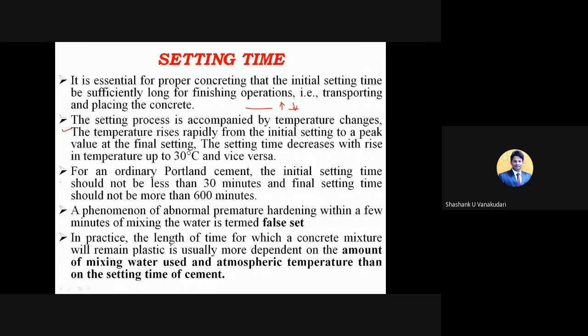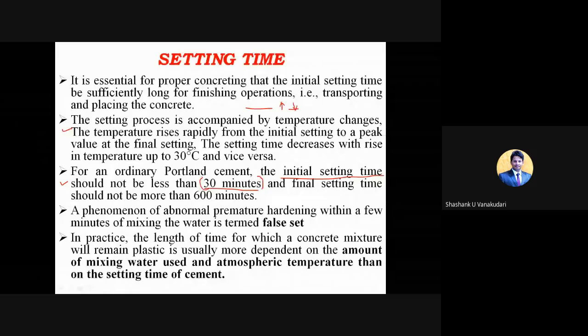And for an ordinary Portland cement, they have given the condition that the initial setting time should not be less than 30 minutes. The most asked question in viva: what's the initial setting time, right? Within these 30 minutes, the concrete should not lose its plasticity.